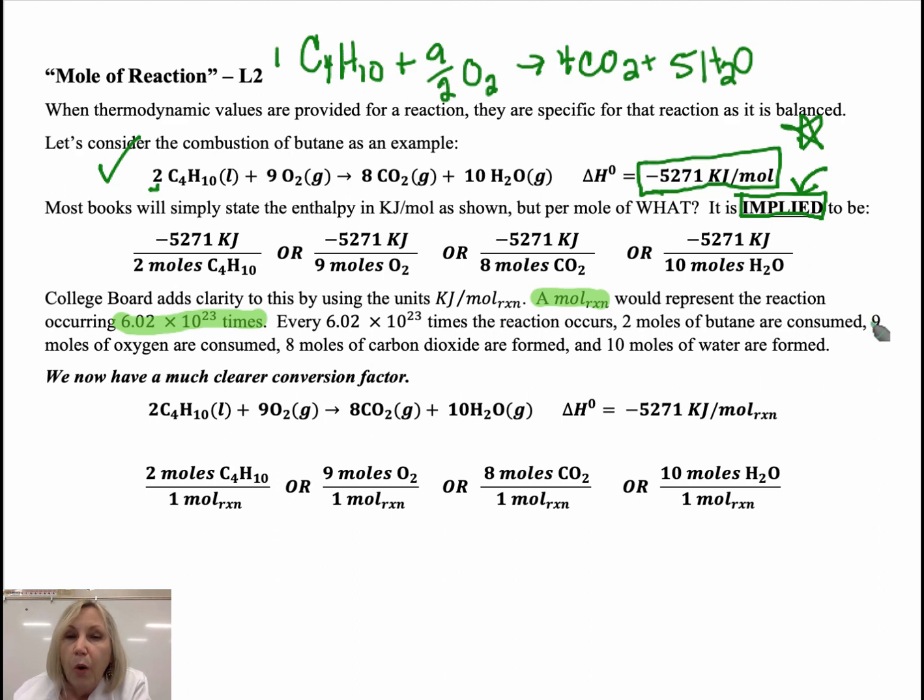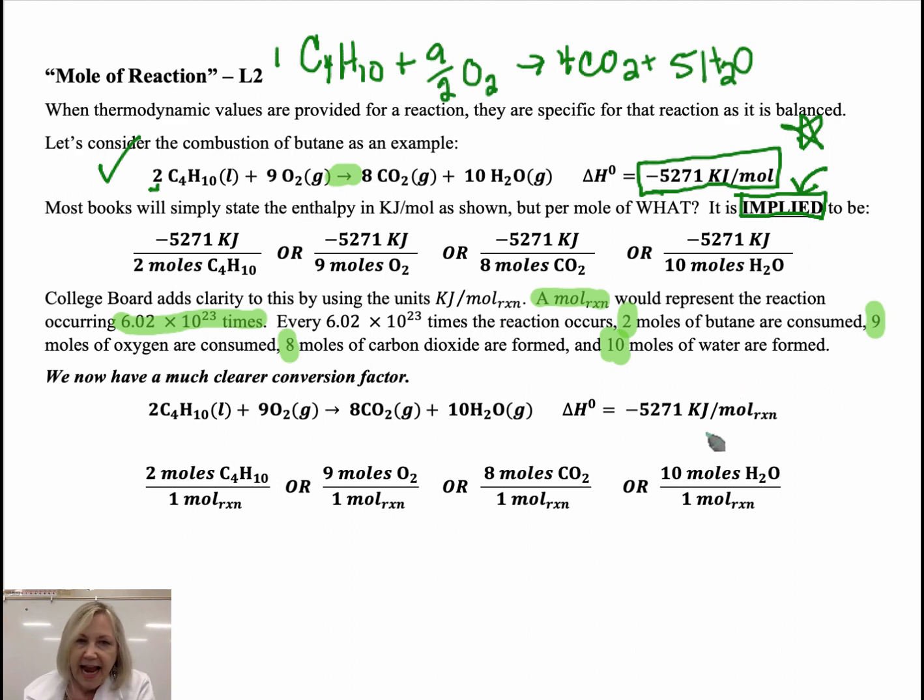So every mole of reaction, or every time this reaction occurs 6.02 times 10 to the 23rd times, I'm going to consume 2 moles of butane, 9 moles of oxygen. I'll produce 8 moles of carbon dioxide and 10 moles of water. And so you can think of it as a measurement of the number of cycles that the reaction goes through.